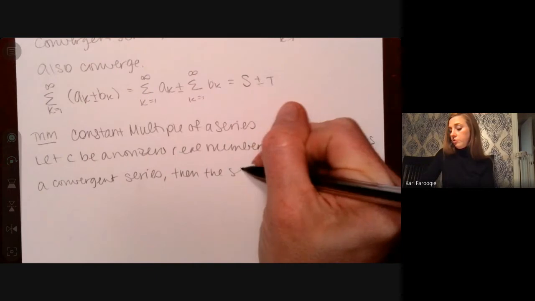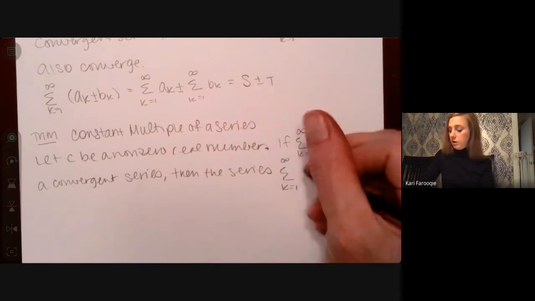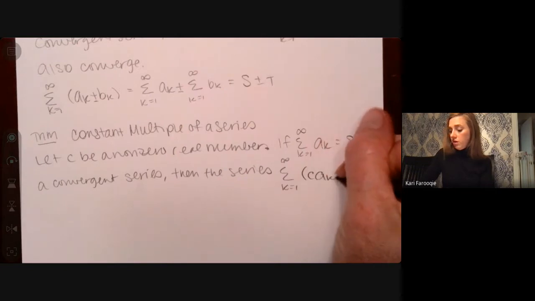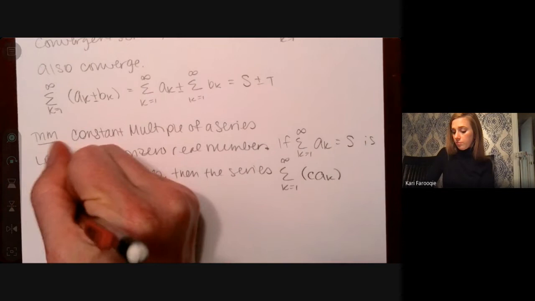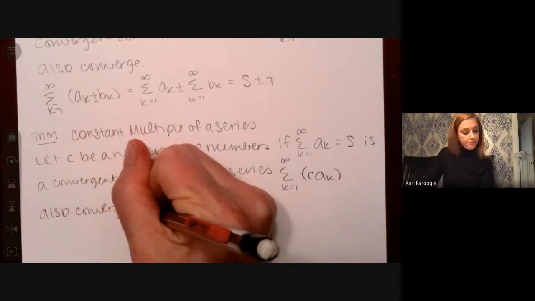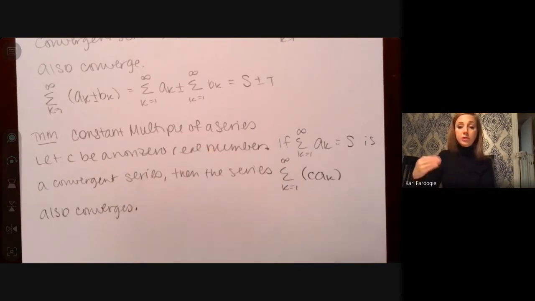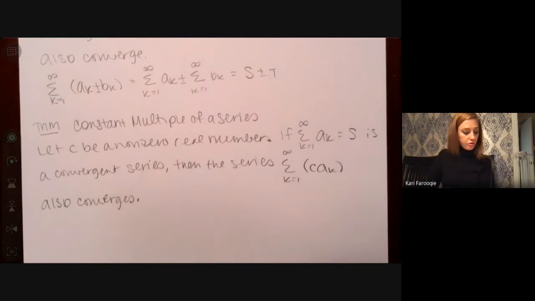then the series from k equals 1 to infinity of C times a sub k also converges. And then we can do something similar with the constant multiple that we would do in other situations.